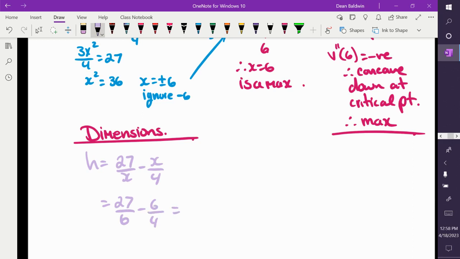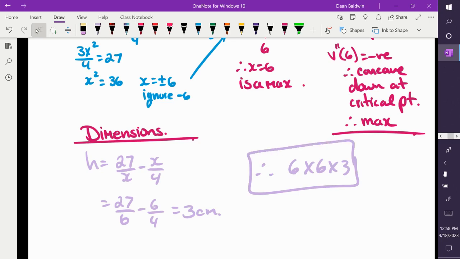I think it's 3. 3 centimeters. Therefore, it's 6 by 6 by 3.